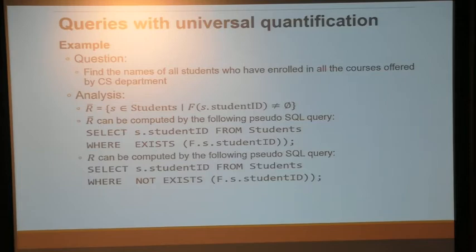So again, the transformation is based on this particular analysis, stating that, well, this one is difficult. Because this one is difficult, what I can do is say not for all F, which again should be equivalent in the case of classical logic.